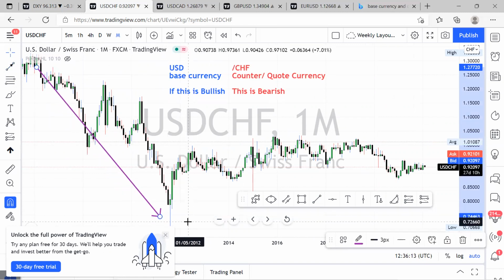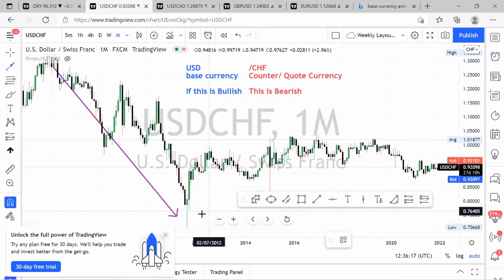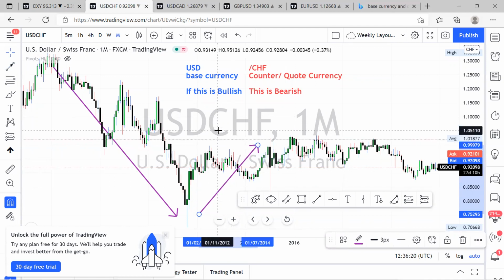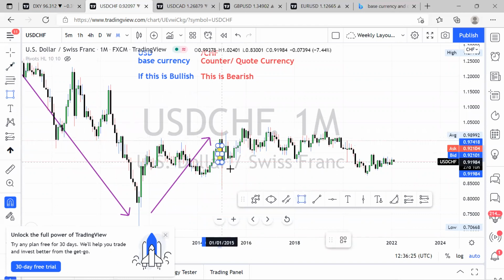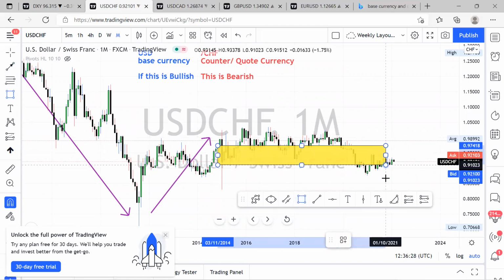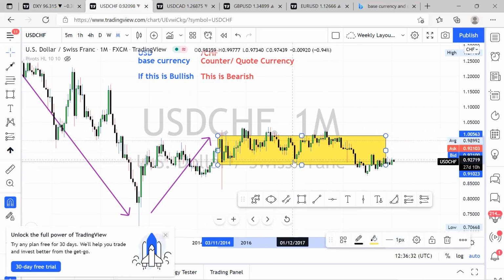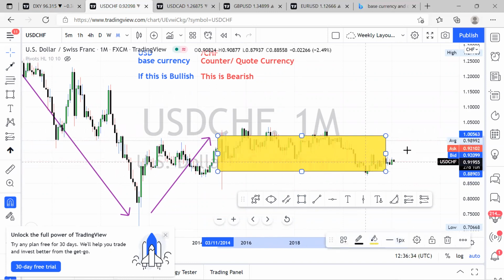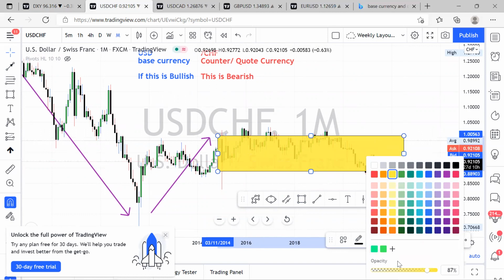Now it's starting to change trend, as in go further up, and it's hit a particular zone. So the zone itself is here. It's gone into a bit of a range zone. So I'll just get this a bit better for yourself.